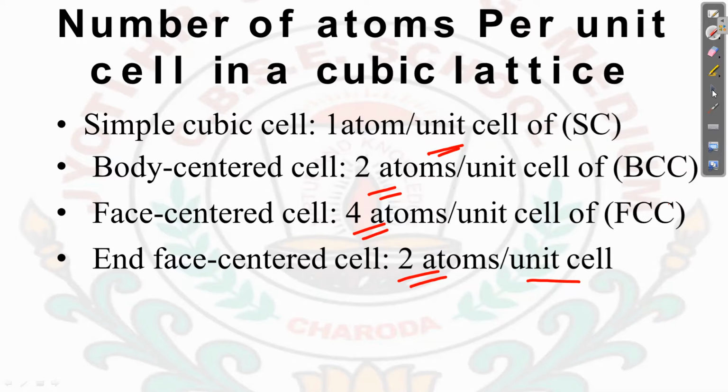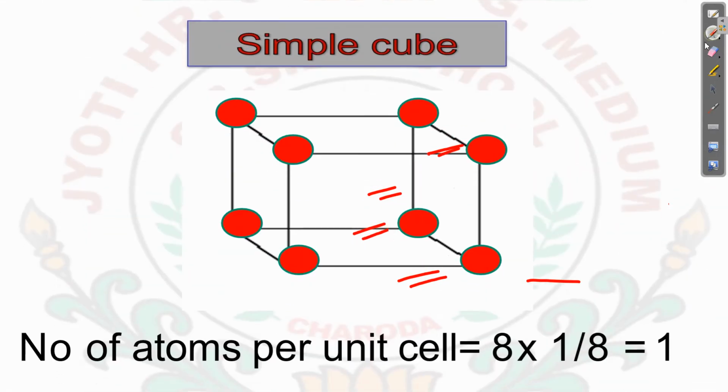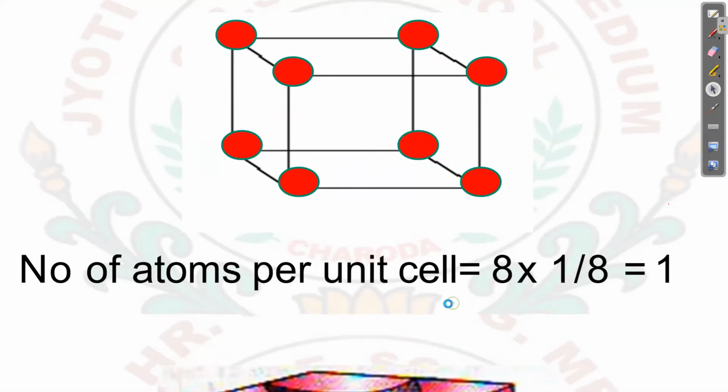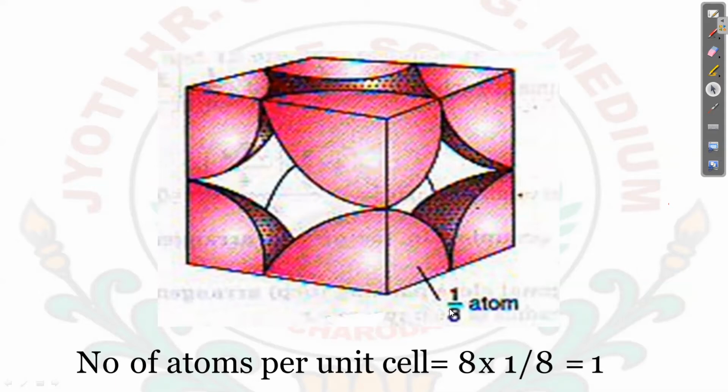Now let's move further and see some examples for each type of unit cell and how much each particle contributes. For a simple cubic, how much contribution is there? It is 8 into 1 by 8, which equals 1 atom's contribution. Next, how is 1 by 8 contributing?